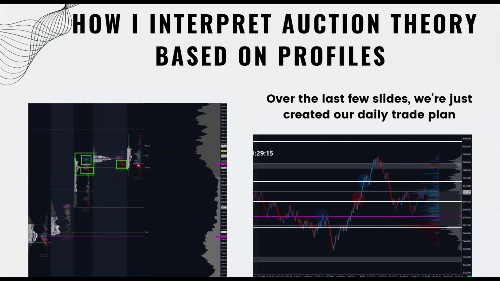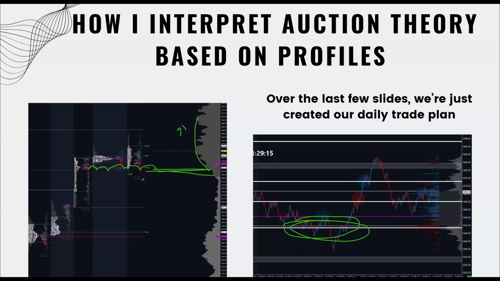They keep trying to sell into these lows to no avail. These are trapped sellers at this area. So as long as these trapped sellers hold, I can be bullish in this market, and I want to buy where these people are trapped at the bottom of the new auction that we've accepted. So these are these areas right here. I want to be a buyer to continue that next momentum push to the upside.